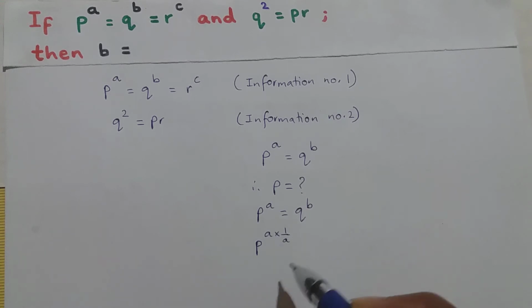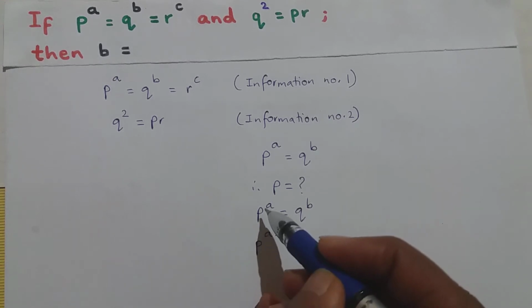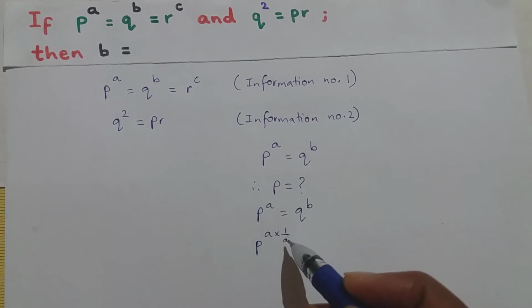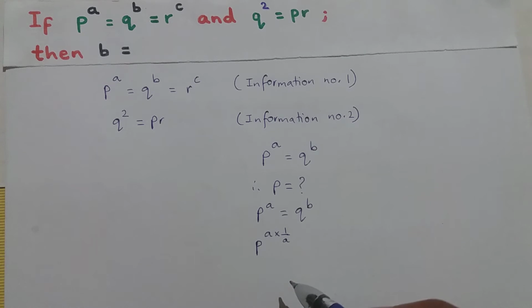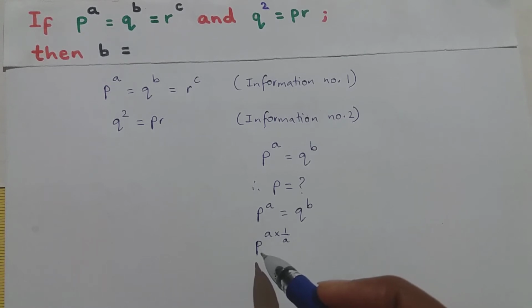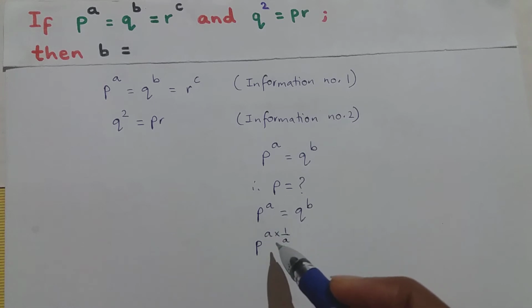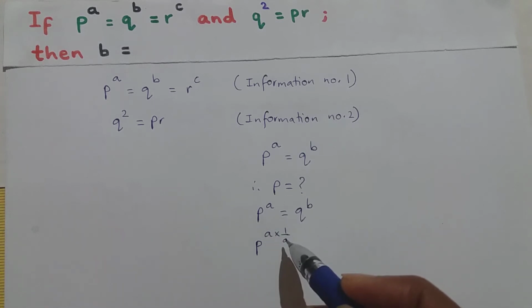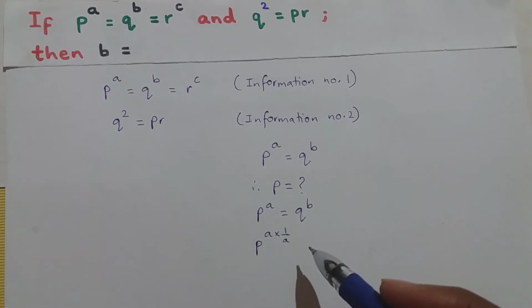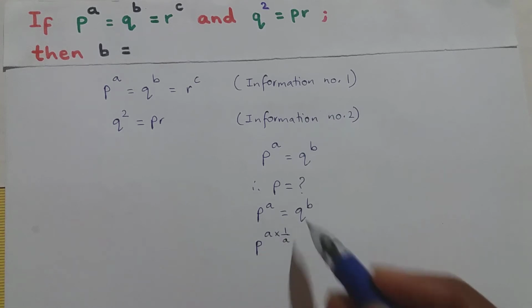So what I am doing is I am multiplying this power with 1 by a. So it becomes p to the power a into 1 by a. Now this is an equation.